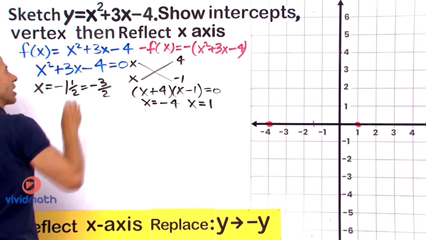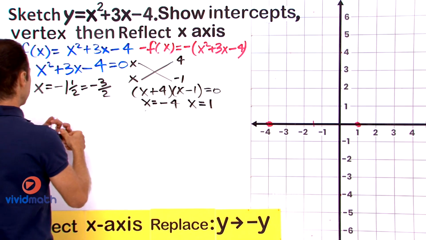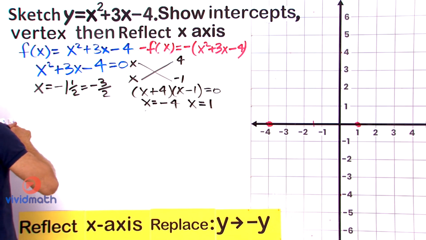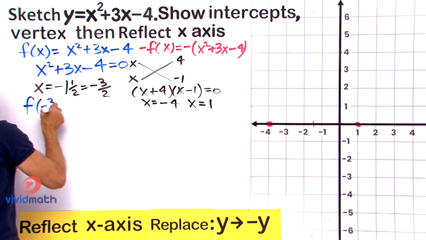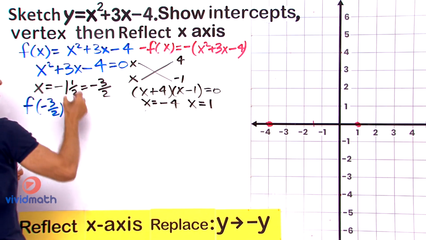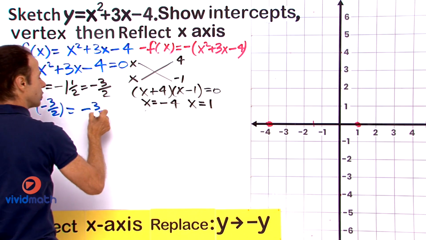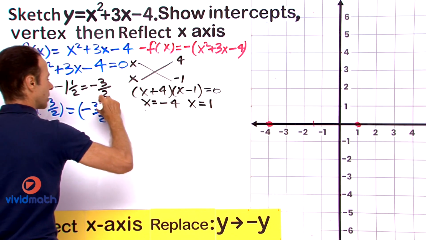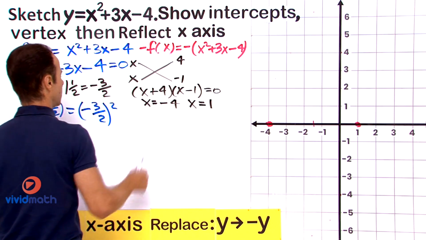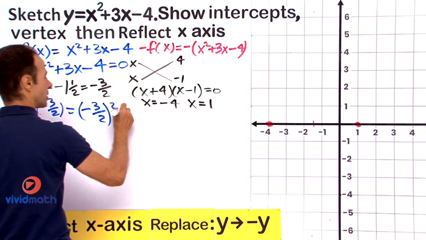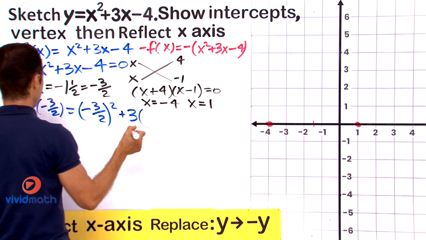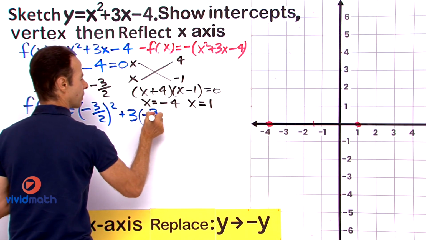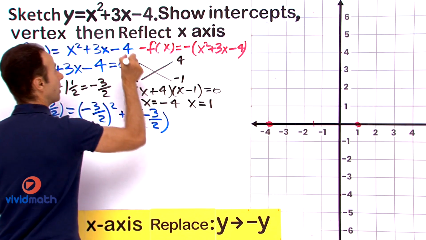Function negative 3 on 2 is equal to negative 3 on 2 all squared, plus 3 times negative 3 on 2, minus 4.